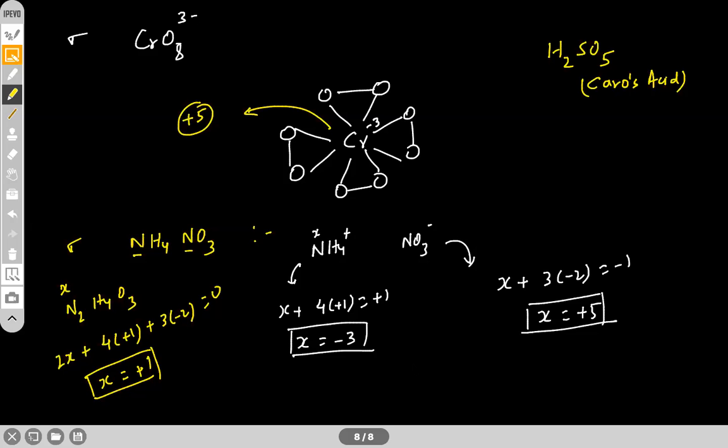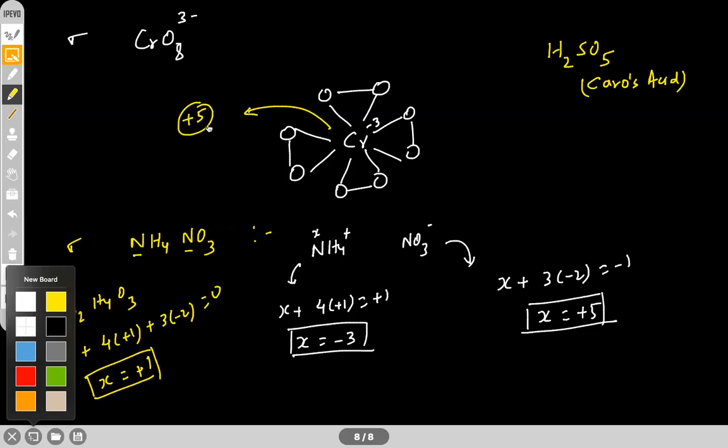Okay. Now, one very good example which has been asked in the JEE exam. Find out the oxidation number of each iron atom in Fe3O4.